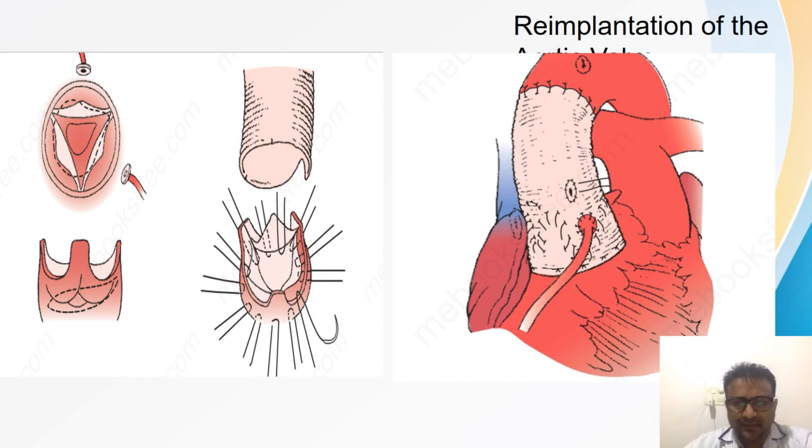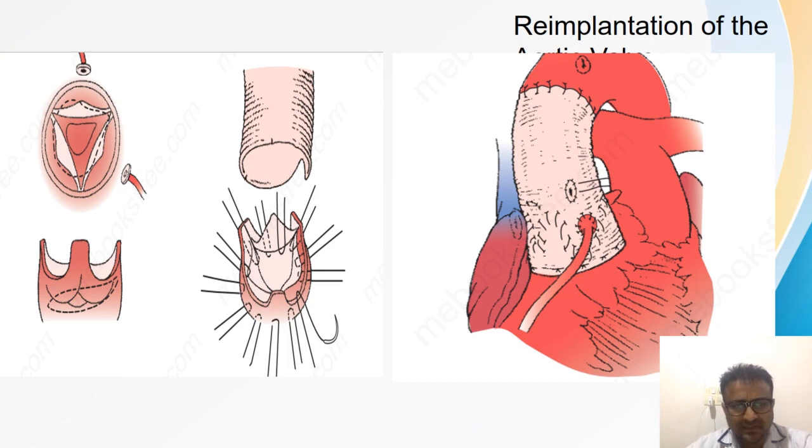After that, a small triangular shaped segment is cut off, which will correspond to the subcommissural triangle of NCC and RCC. Once it is done, the sutures which were passed from inside to outside are again passed into the graft, and the graft is pulled down, and then all the sutures are tied on the outside of the graft.